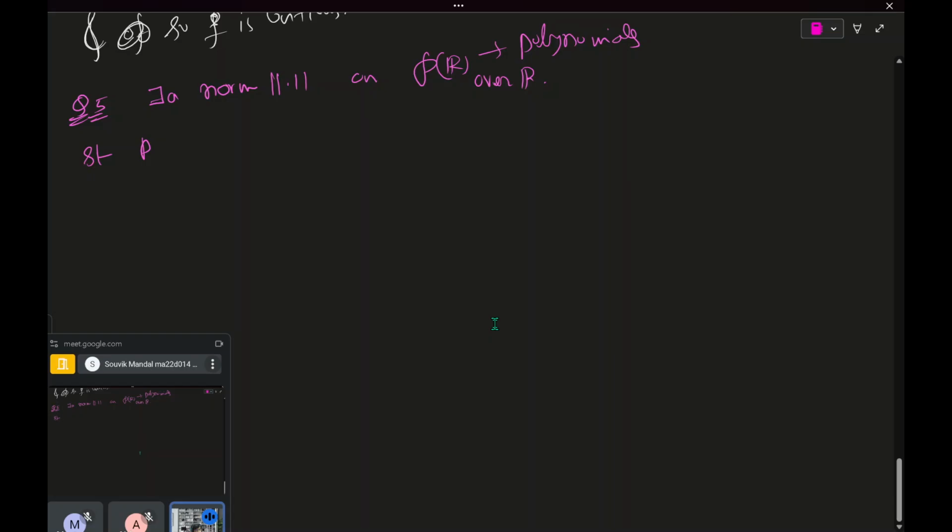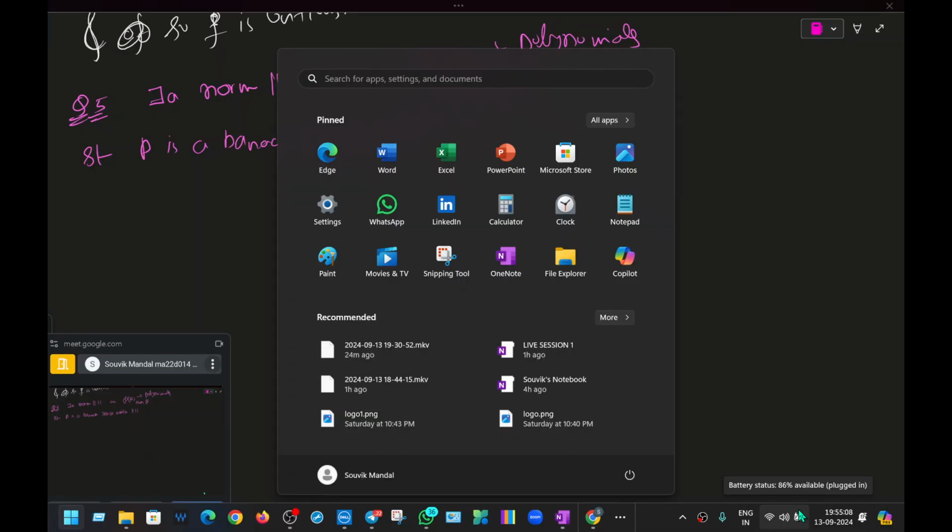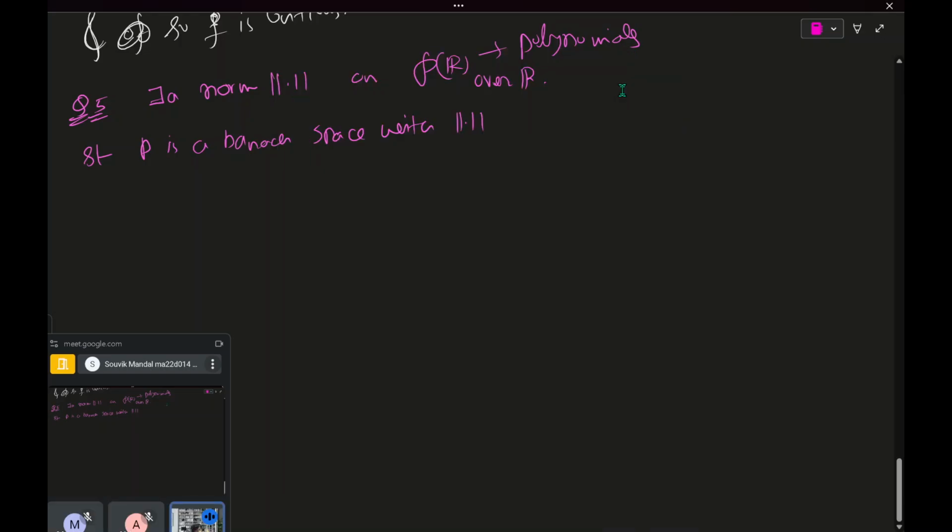So basically it is saying that on the set of polynomials there is the usual degree norm. But is it possible to give some other norm with respect to which P becomes a Banach space? So that is the question.